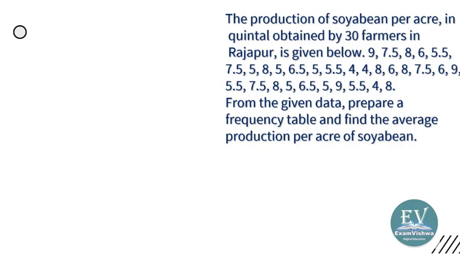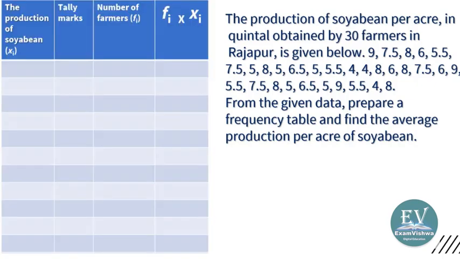We can do it and you can do it. You will draw a table and you will write soya bean as the item here, and you will find out what is the lowest in this. You can see 4 is lowest and the highest in this is 9. So you will be marking all those here. 4, 5 is there, yes, 5 is there. Oh, here 5.5 is also there.